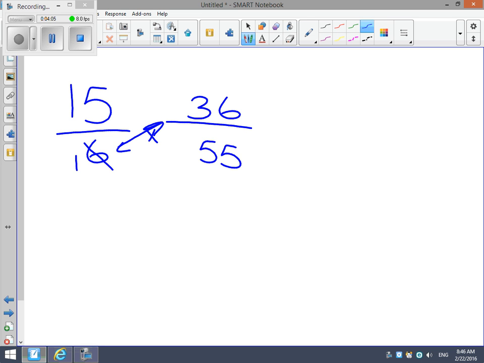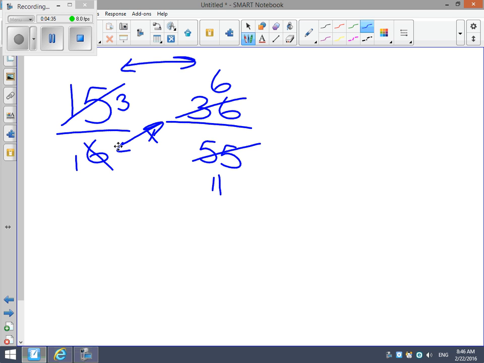6 goes into itself once. 6 goes into 36 6 times. Now I'm looking at 15 and 55, and I can see they both have 5s in them, so that's going to be my next plan of attack. So 5 goes into 15 3 times, and 5 goes into 55 11 times. Now, unfortunately, there's no more we can do because we have 3 over 1 times 6 over 11, and we can't go side to side.